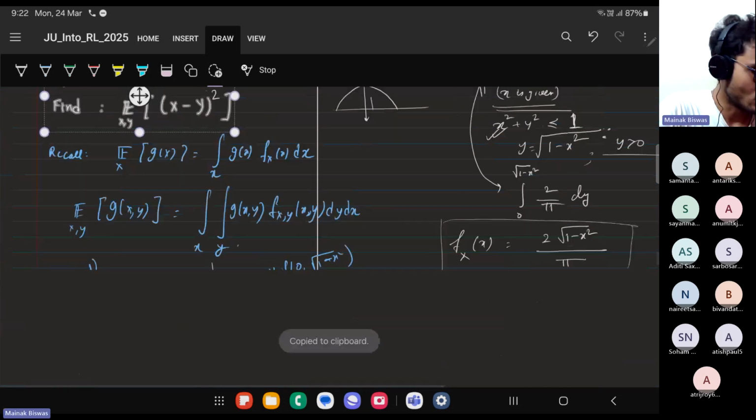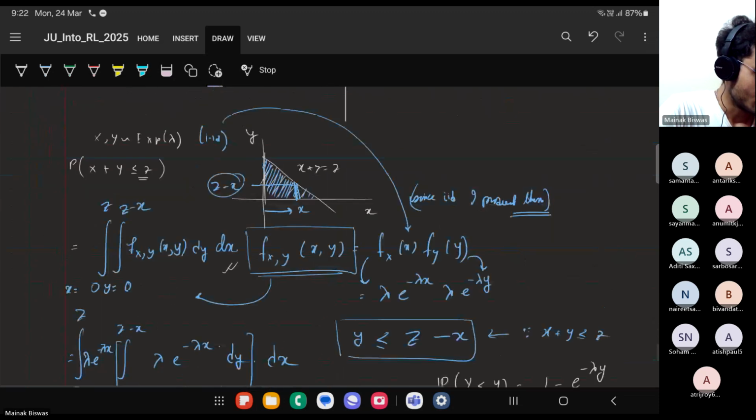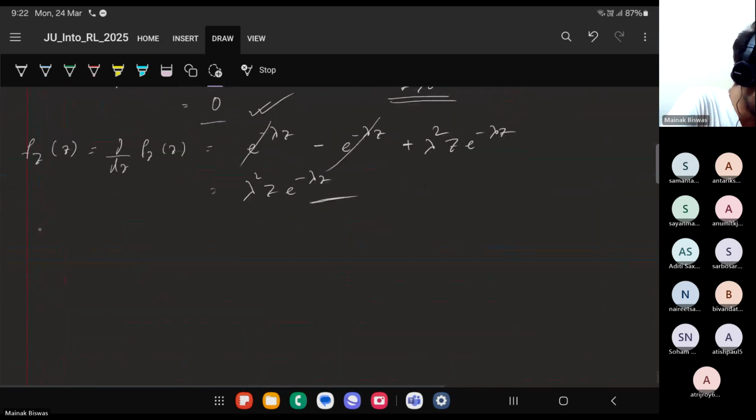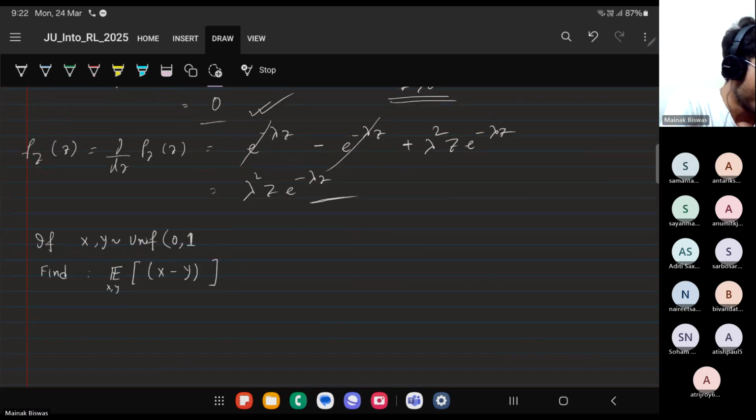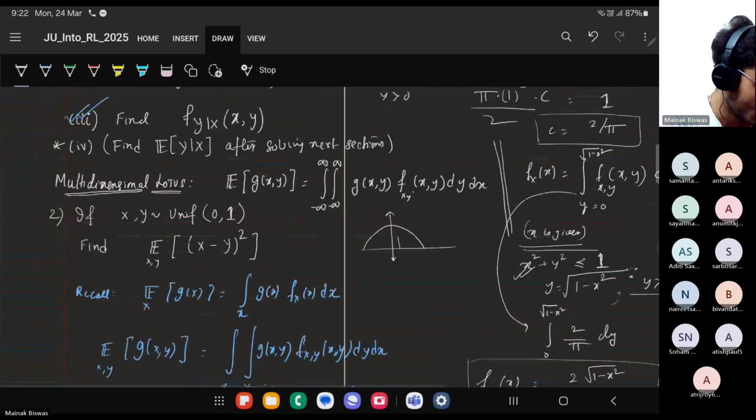Okay, so I'll copy this. Fine. So now I want to find out the expected value of the function x minus y whole square, most likely. Let me just check. Yeah.